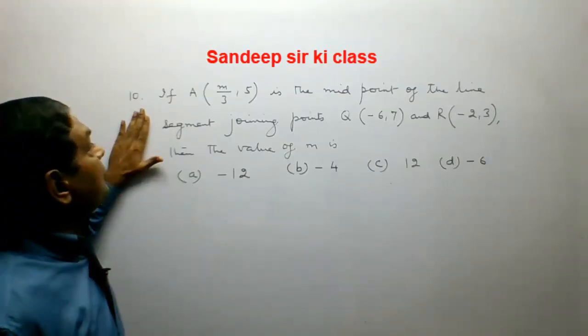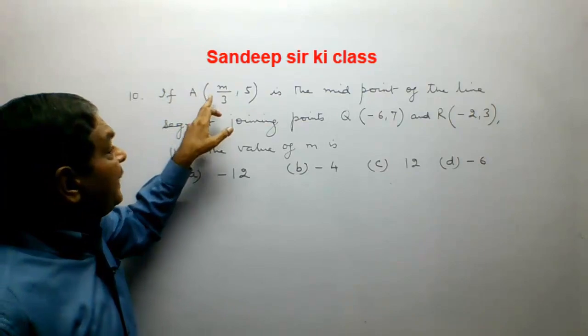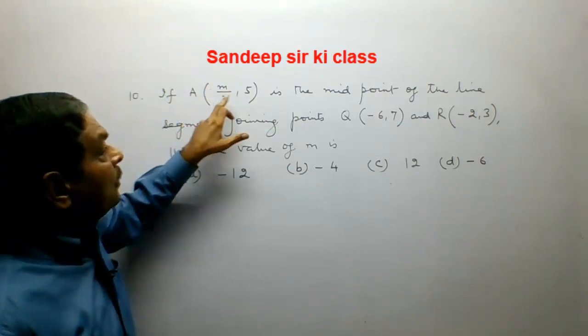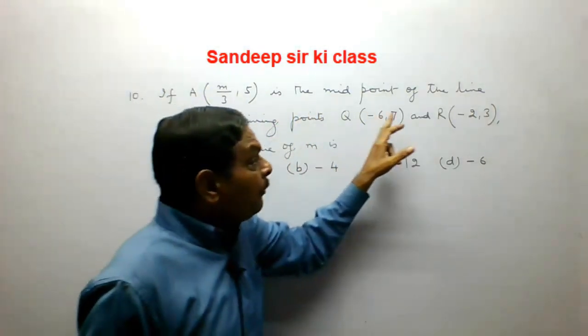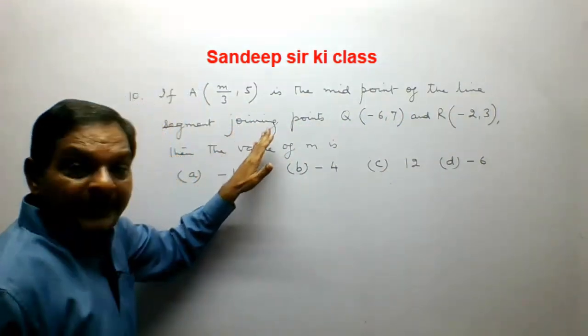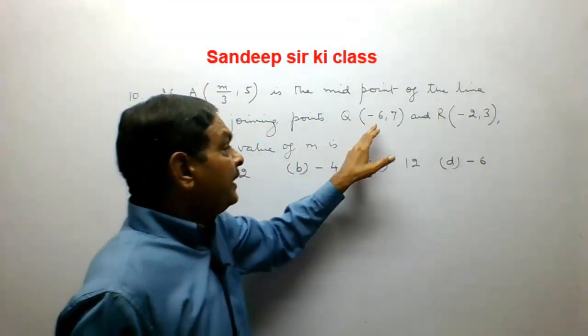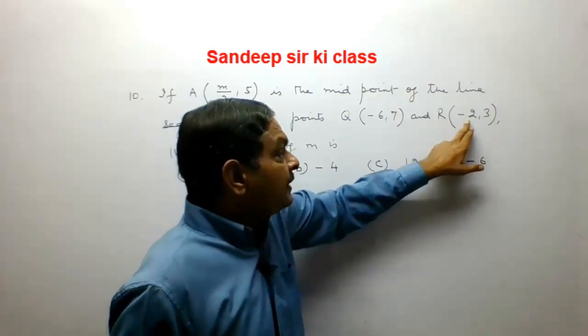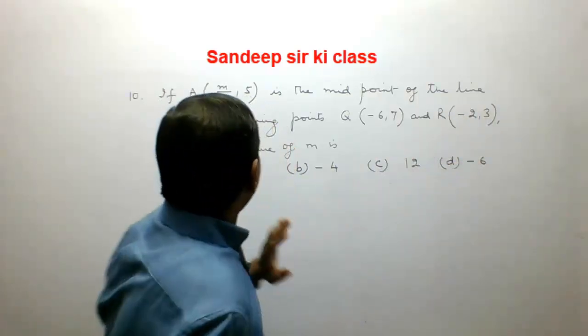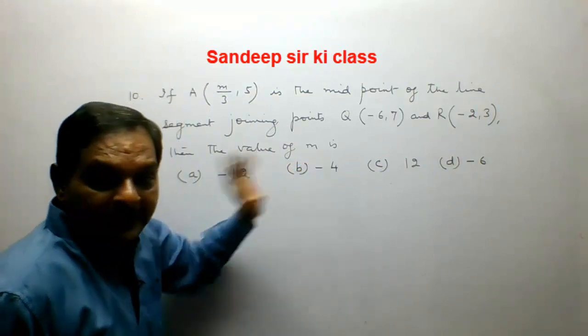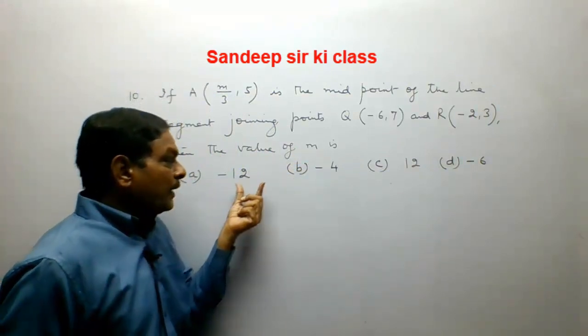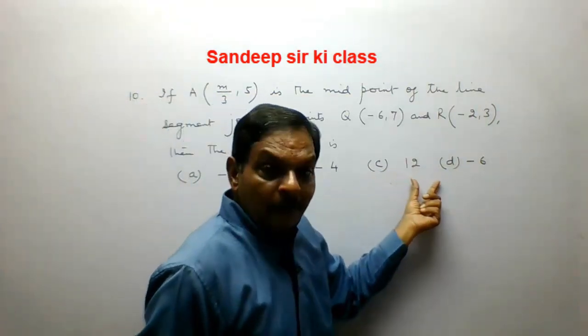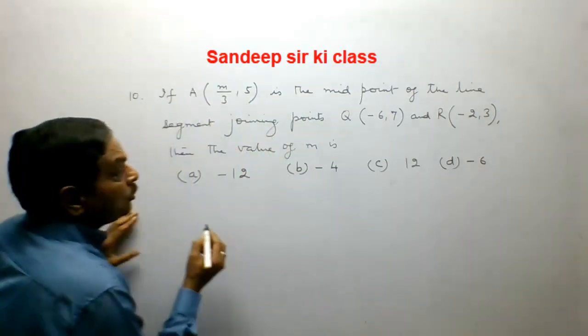Question number 10. If A, coordinates m/3, 5, is the midpoint of the line segment joining points Q, coordinates -6, 7 and R, coordinates -2, 3, then the value of m is. Options are -12, -4, 12 or -6. 2 points are given.